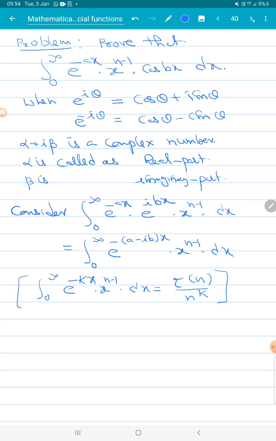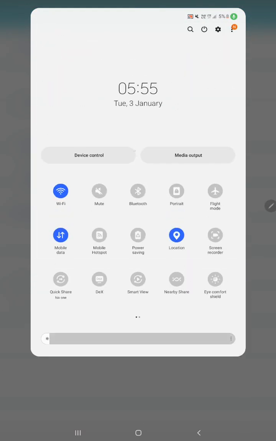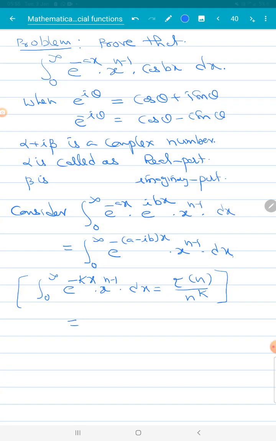So now this value is equal to the integration from 0 to infinity. This value is gamma of n by k to the power of n, where the k value is a minus ib.